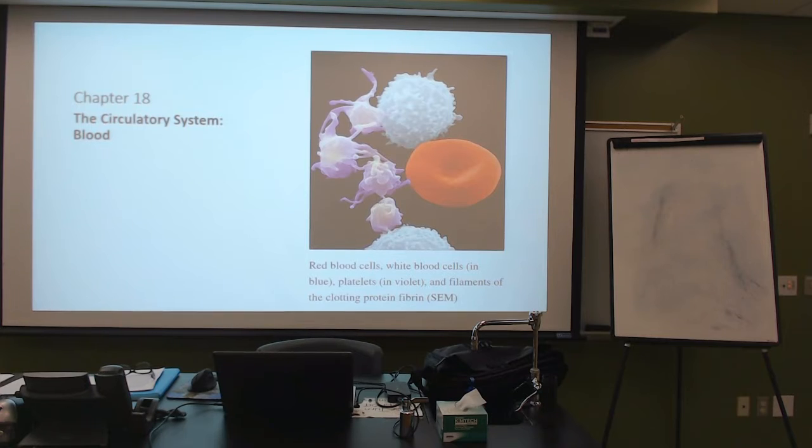portion of the system, do you guys remember studying this in Chapter 5, I think, and learning about how blood is a connective tissue? All right? If you remember, it's a connective tissue.